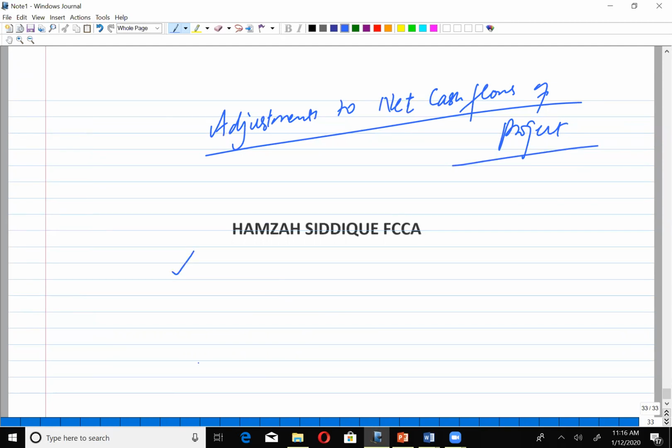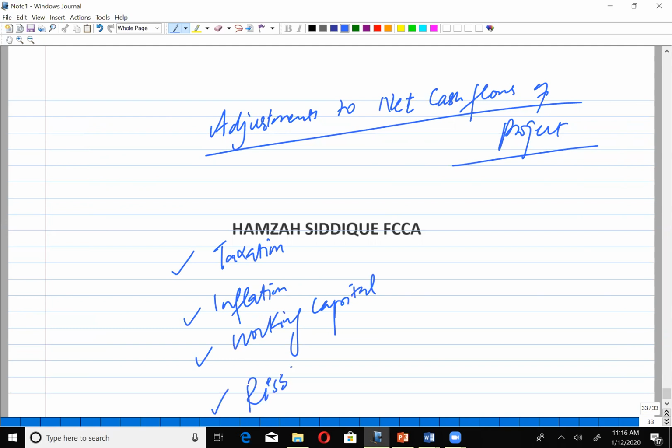There are four main adjustments: taxation, inflation, working capital, and the fourth is risk and uncertainty, incorporating risk and uncertainty into the project. So four adjustments are there. One by one we will discuss all.